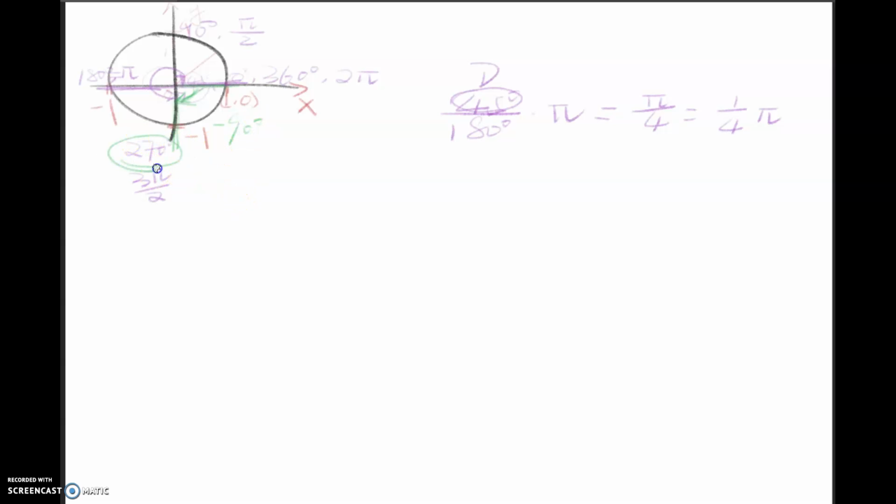So 270 degrees is the same thing as negative 90, or we can also call it negative pi over 2. So there are different names. Make sure you're looking at the direction, but if we don't talk about directions, we usually use from 0 to 360 or from 0 to 2 pi for a unit circle. Alright, so that's part 1.